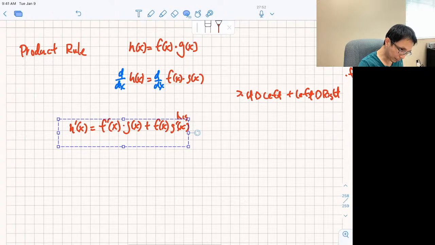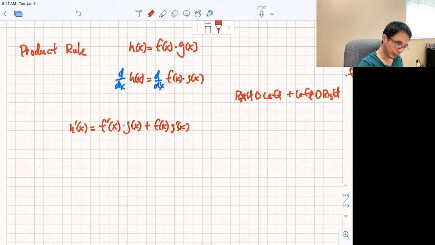Does that make sense or no? Right d left and left d right.